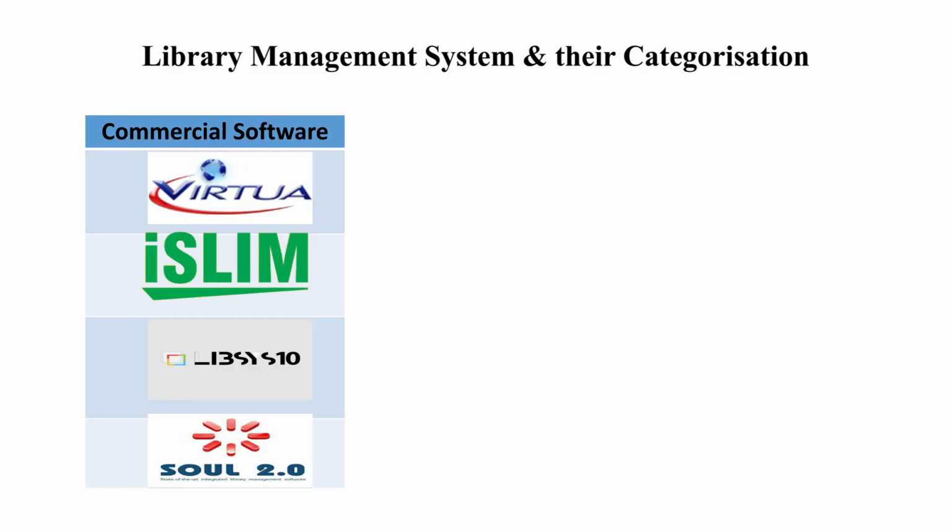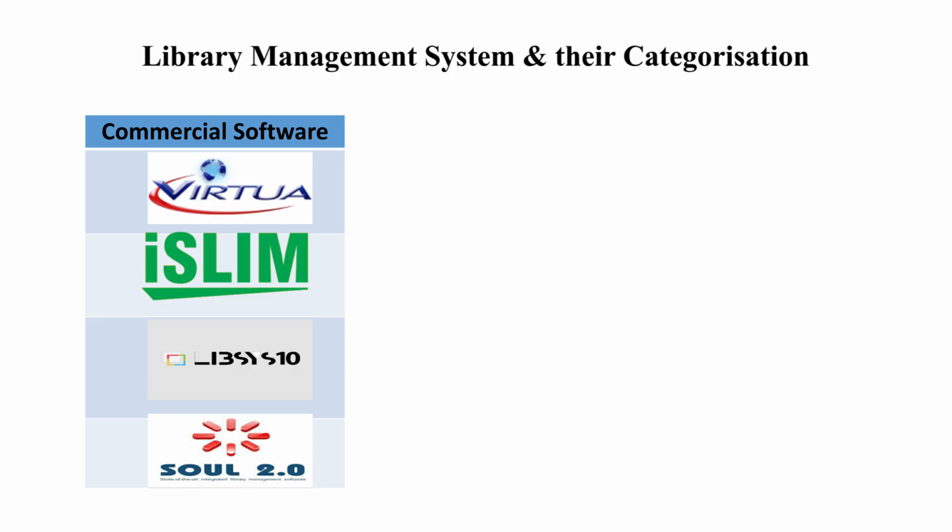First is commercial software. Under this, very popular ones are VTLS Virtua, ILMS, LIBSYS and SOUL. The current version of LIBSYS is 10 and the current version of SOUL is 3.0, although here it is shown as 2.0.